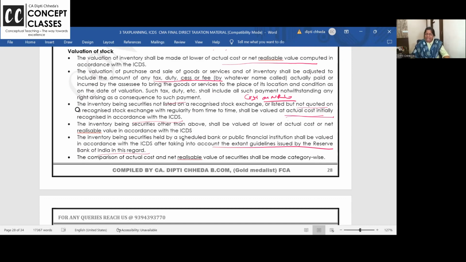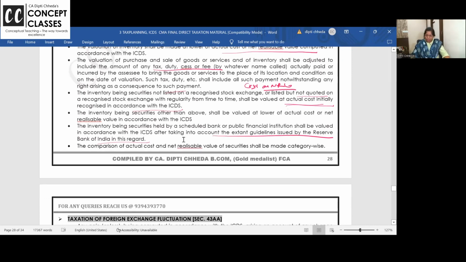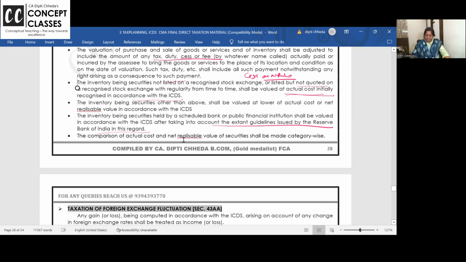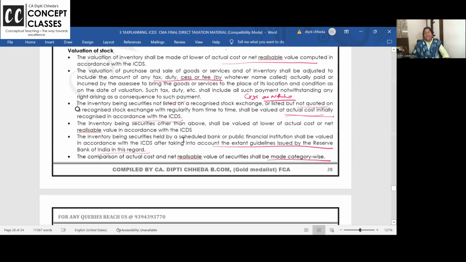So definitely, as RBI says, you need to follow for valuation of inventories, closing stock. Comparison of actual cost and NRV shall be done category wise and not each and every item wise. Ma'am, this though we studied in ICDS 8 securities. It's applicable for AS 2 and ICDS 2 also.